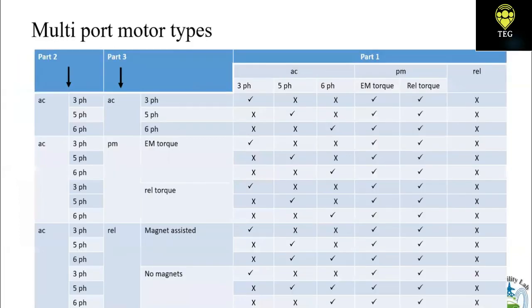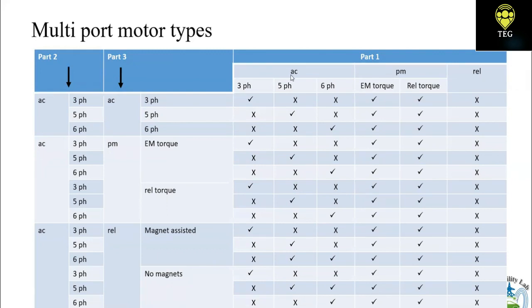If I combine everything together, this is a table which shows the configurations of various multi-port motors. There are three parts: part one, part two, and part three. To part one, I can have an AC excitation, I can use permanent magnets, or I can have a reluctance kind of configuration.